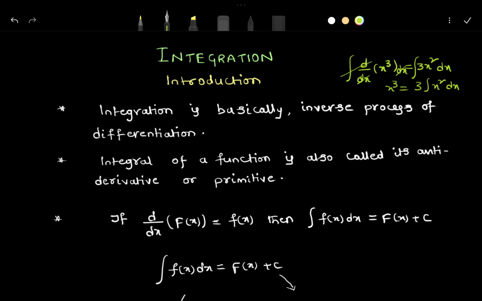Now you can divide by 3, then it becomes the integration of x square into dx is equal to x cube whole divided by 3. So the integration of x square into dx is equal to x cube by 3.